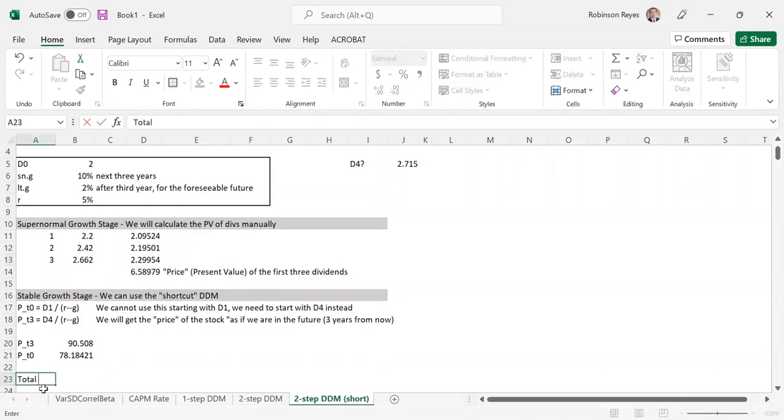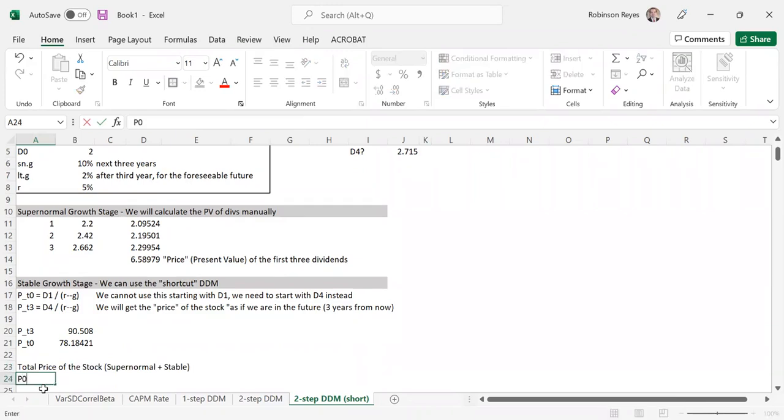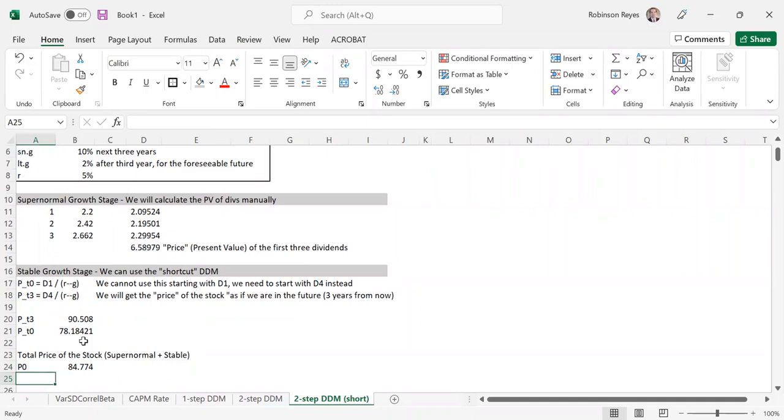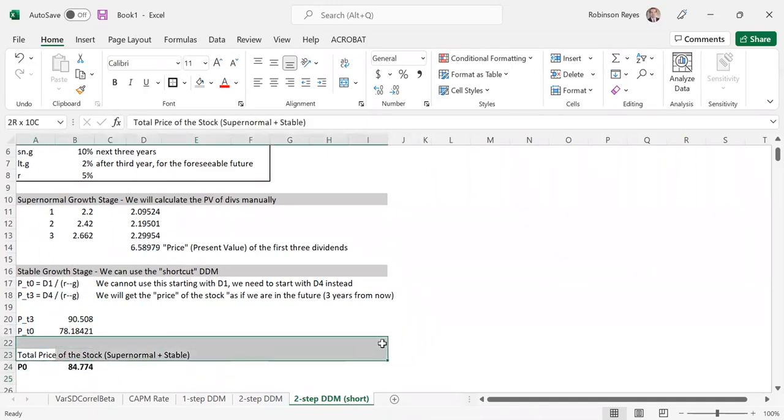Okay, so the total price of the stock, supernormal plus stable: what we do is, P0, we add up the price of the supernormal dividends and the price of the stable growth dividends into the foreseeable future, and this is the price of the stock right here.